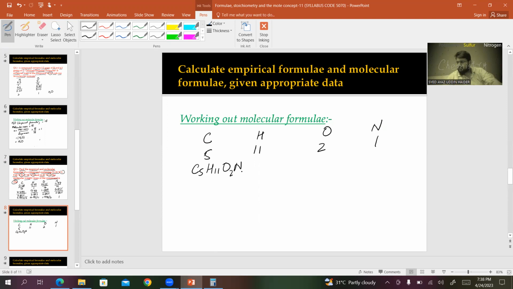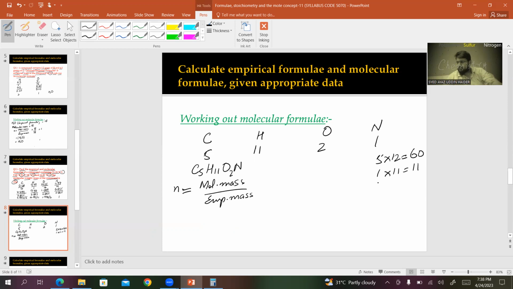Now we need to find the molecular formula. In order to find the molecular formula, we need to divide the molecular mass by the empirical formula mass. The empirical mass will be calculated from this empirical formula. There are 5 atoms of carbon, so we will multiply 5 by 12. You will get 60. For hydrogen, you will multiply 1 by 11. You will get 11.